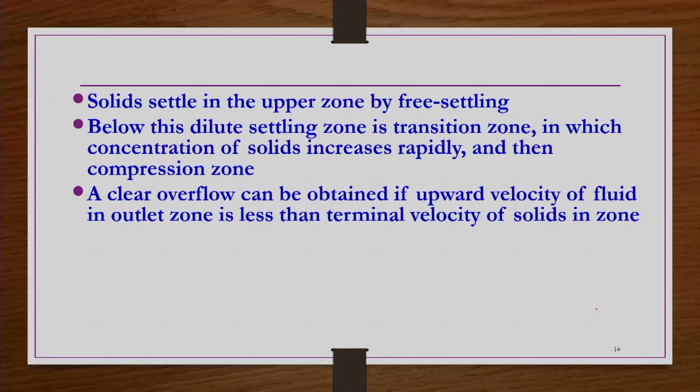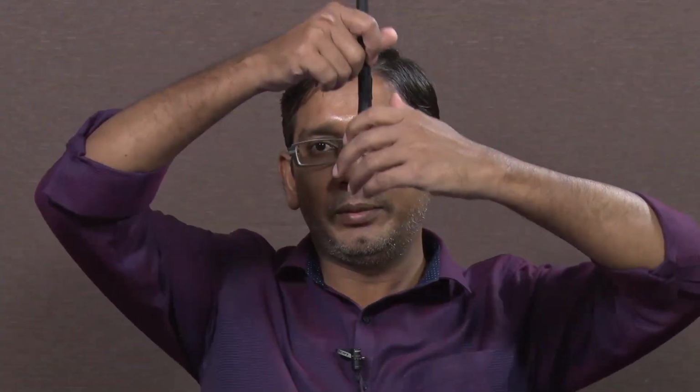A clear overflow can be obtained if the upward velocity of the fluid in the outlet zone is less than the terminal velocity of solids in the zone. Obviously, when you are taking the clear liquid from the top, the rate at which you are taking liquor out should be less than the terminal velocity of the solids.